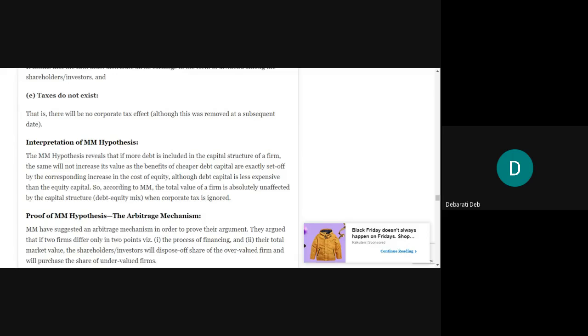So this cheaper debt has a benefit, but this benefit will be exactly set off by the increase in the cost of equity. If you are increasing debt, the cost of equity will simultaneously increase with the increase in the amount of debt, because investors will now demand more rate of return. So you will have to give them assurance of paying more return also.